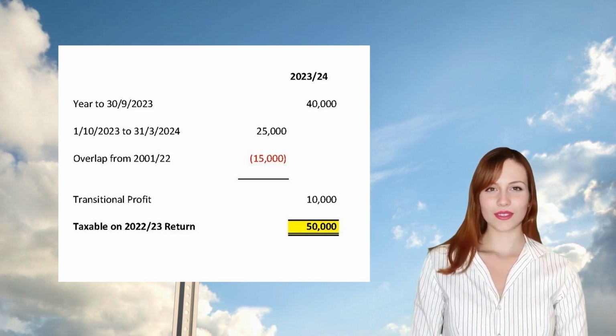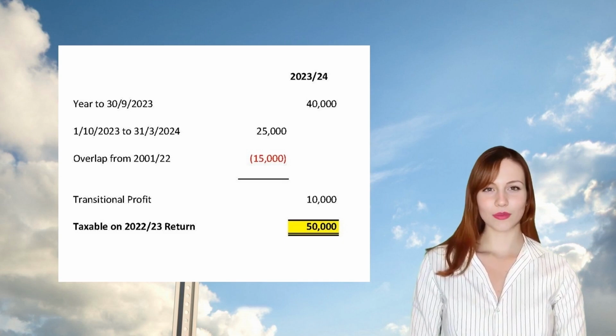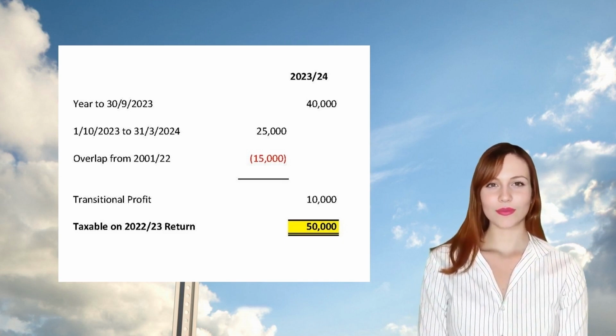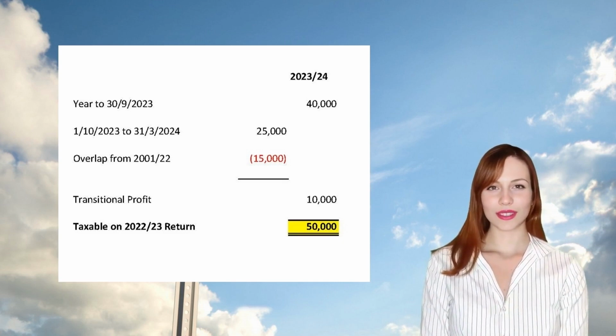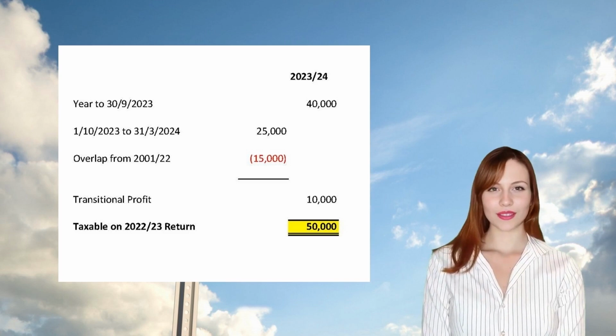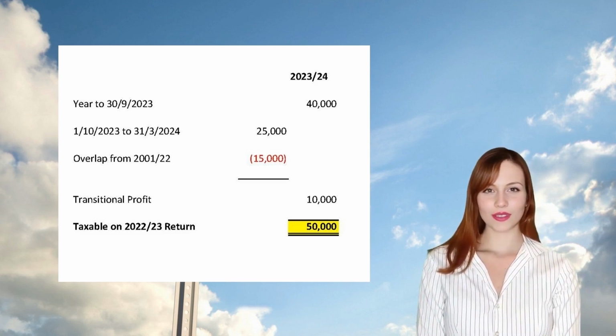Adding these together gives £65,000. We then take off the overlap profit from when we started trading of £15,000. This gives a grand total of £50,000 being taxed in this year. That is £10,000 more profits than we would normally have expected. This could push us into higher rate tax and increased payments on account.